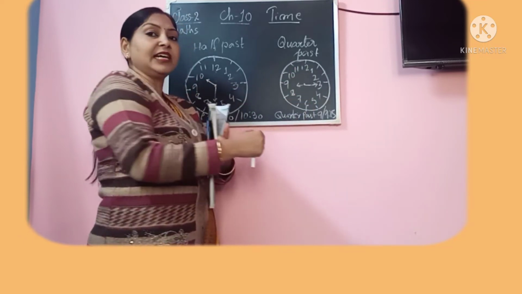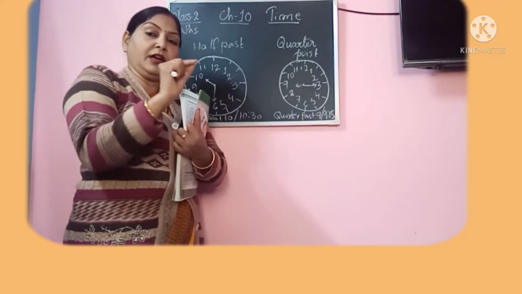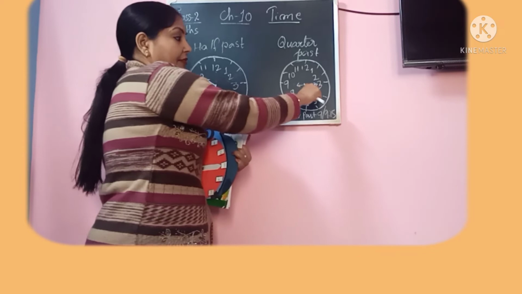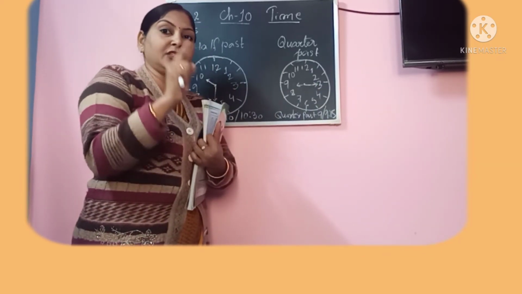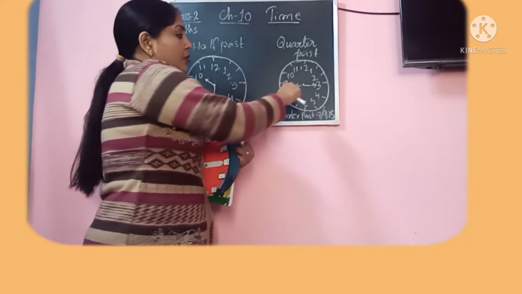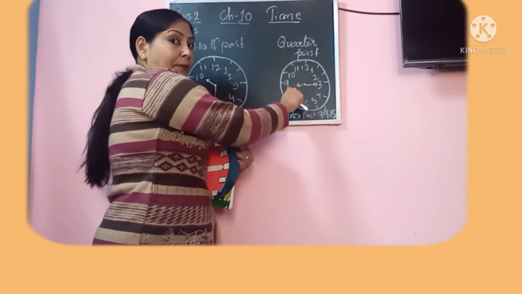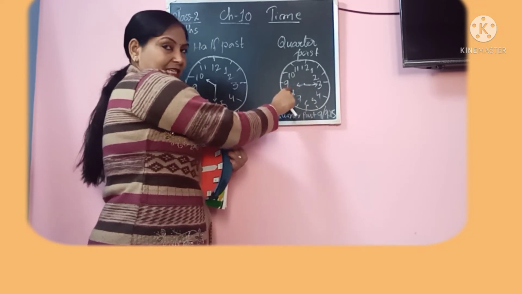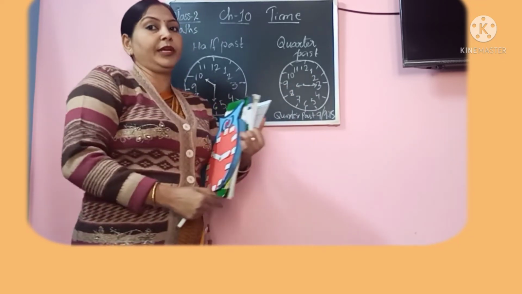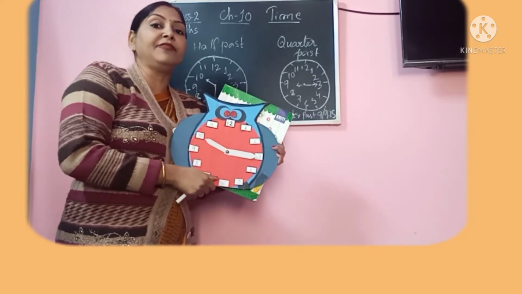So the minute hand has covered 15 minutes, and 15 minutes means quarter. So it is quarter past 9, or we can also read this time as 9:15.